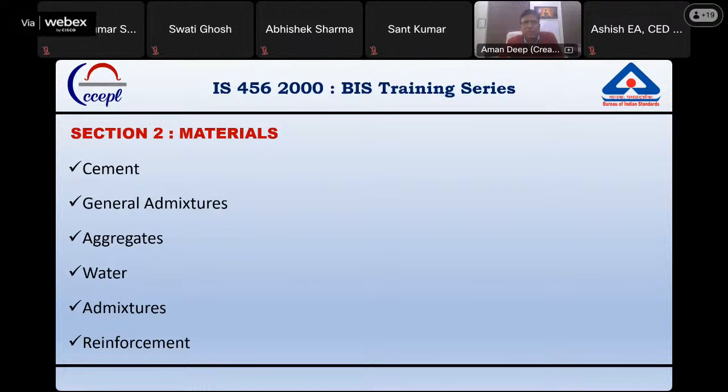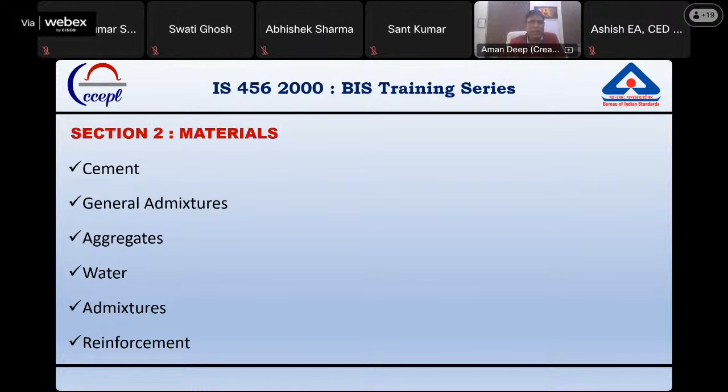Then we will be discussing some aggregate and water admixtures. Now here, when we are writing admixtures at a later stage, it is the chemical admixtures for performance improvement. There may be various requirements for the concrete, maybe early setting, maybe some superplasticizing requirements. So those kinds of admixtures can also be added in the concrete, and then reinforcement.